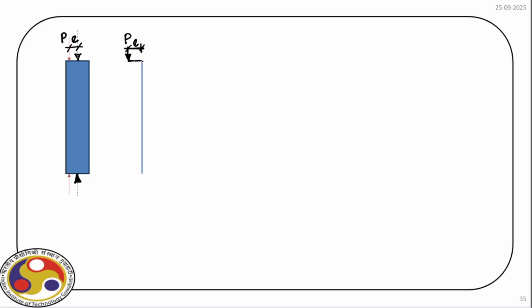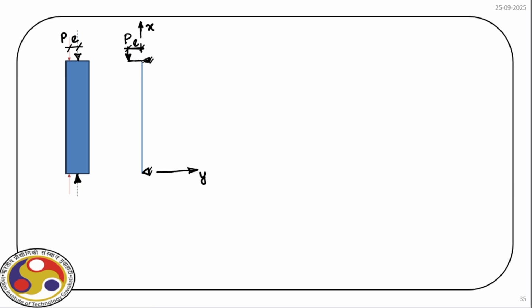And we have a hinge support. So let us draw the hinge in a different way. So this is a hinge. Now let us identify the axes. So we have the y-axis here, and along the center line of the column we have the x-axis.